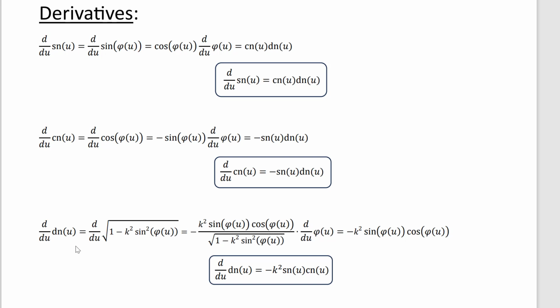Then the derivative of dn u: taking the derivative of this, it's to the 1/2 power, multiply by 1/2, the whole thing is to the negative 1/2, so it's in the denominator. Then times the derivative of what's inside gives a 2, which cancels the 2, and I've got a minus k squared sine phi cosine phi times the derivative of phi. But the derivative of phi is dn u, which is this denominator anyway, so they cancel and you're just left with that. So there are the derivatives.